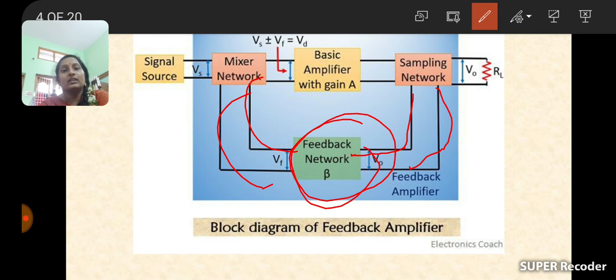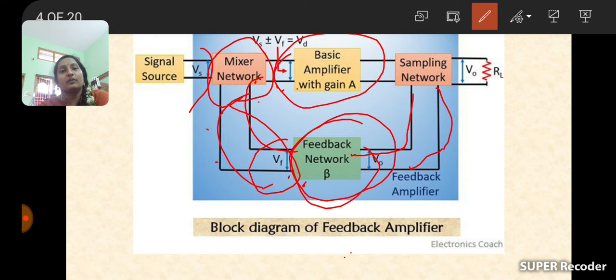Okay, and here the mixture network is used to combine the input signal with the feedback signal, whether the feedback signal may be positive or negative. If it is positive, the final output of the mixture network is Vs plus Vf, and if it is negative, the output of the mixture network is Vs minus Vf, and again it is connected to the amplifier circuit.